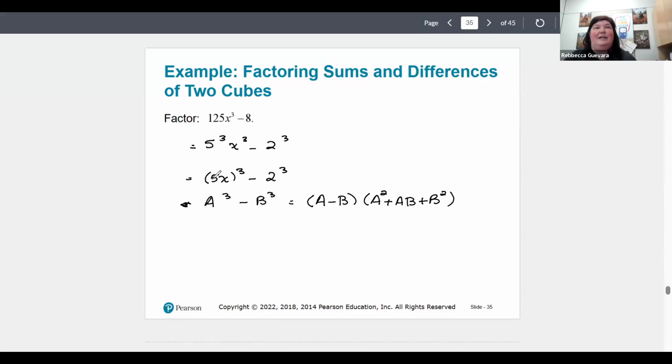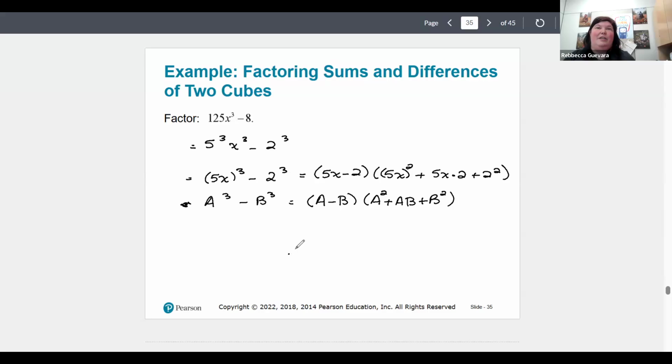So what we see here is that my a is going to be the 5x and my b is going to be the 2. So this is just 5x minus 2, times 5x squared, all of it is squared, plus 5x times b, which is the 2, plus b squared.